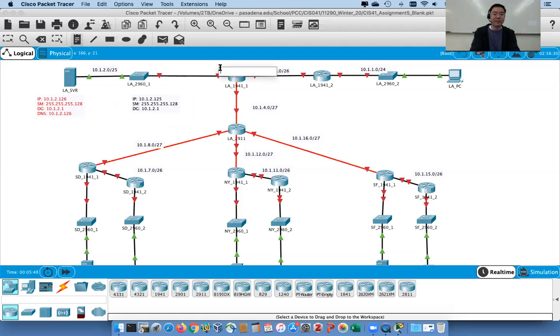Okay, and this is dot 1 over here. Okay, and this is also dot 1 over there. We'll make dot 2 over here.